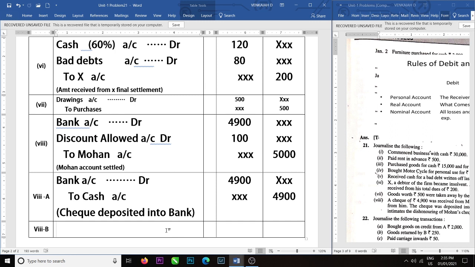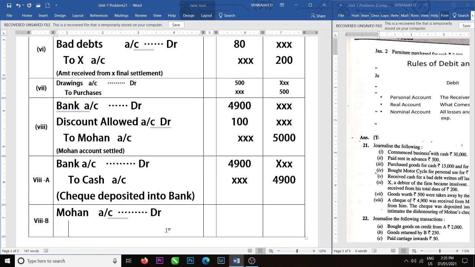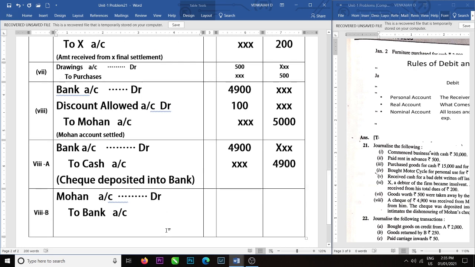That's why Mohan account data to bank account to discount account.